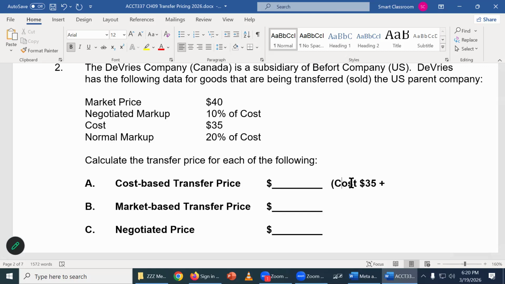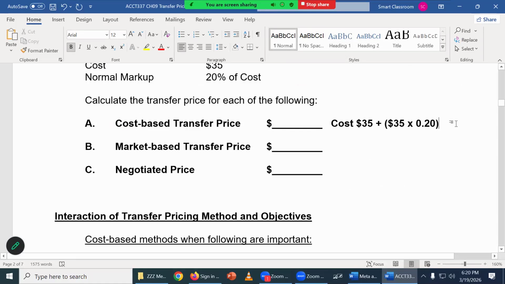Yeah. Normal markup's 20. 7, so was that 42?